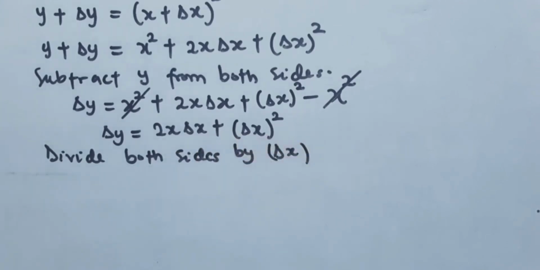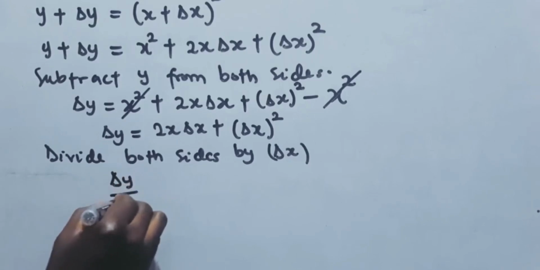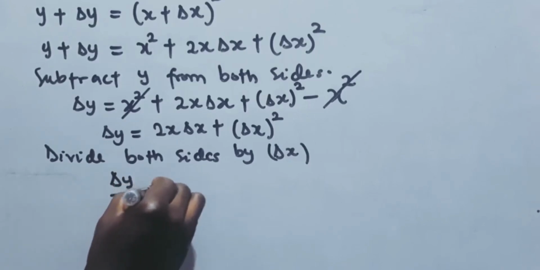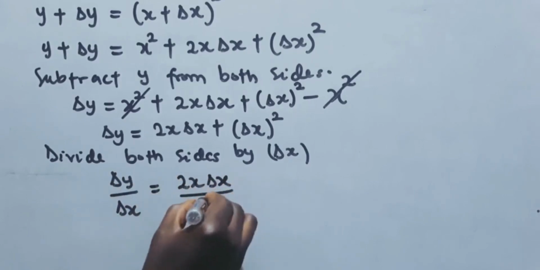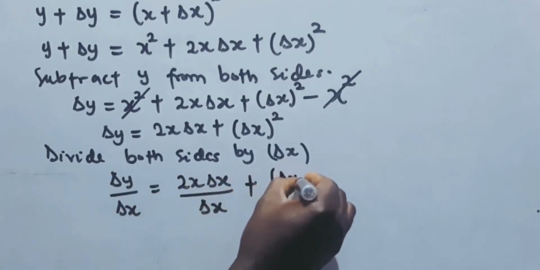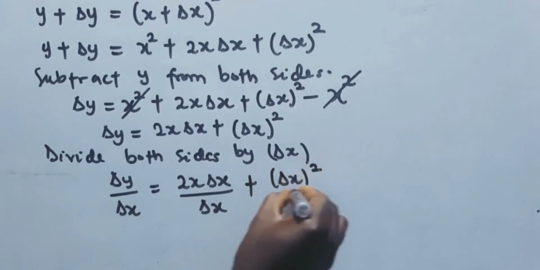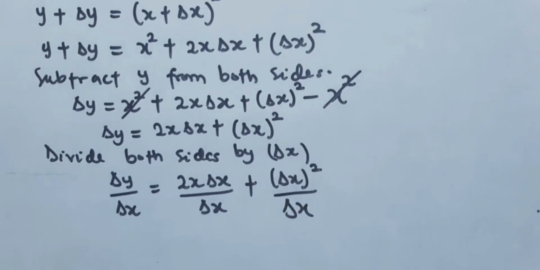So once you do, what do you have? You would have change in y divided by change in x equals 2x change in x divided by change in x plus change in x raised to the power of 2 divided by change in x. Do you see that?